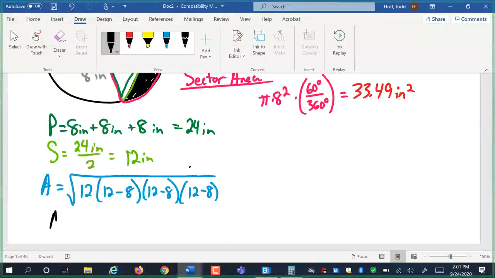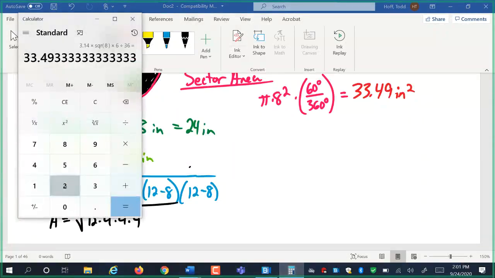So that area, square root of 12 times 4 times 4 times 4, gives us 27.71.